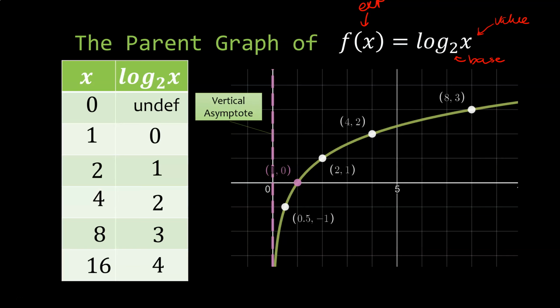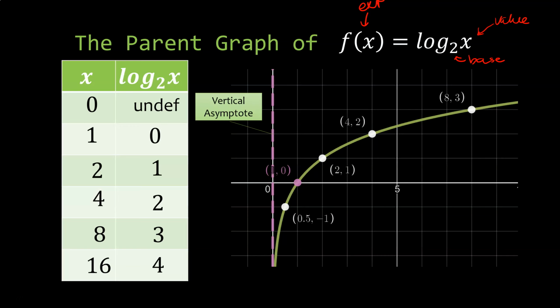So the locator point, instead of 0, 1 as in the exponential, would be 1, 0 here, right? 1, 0. And then depending on the base, since the base is 2, that's going to go out 2 up 1, out 4 up 2, because we're graphing the output as the exponent, right?